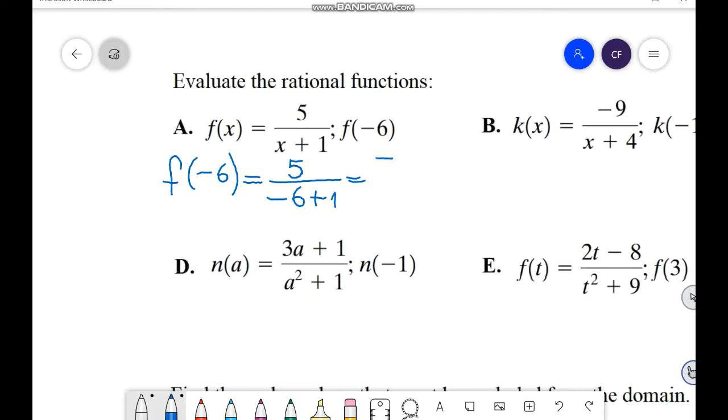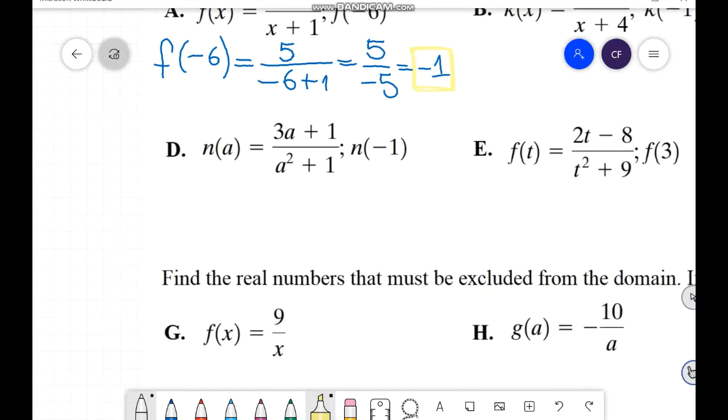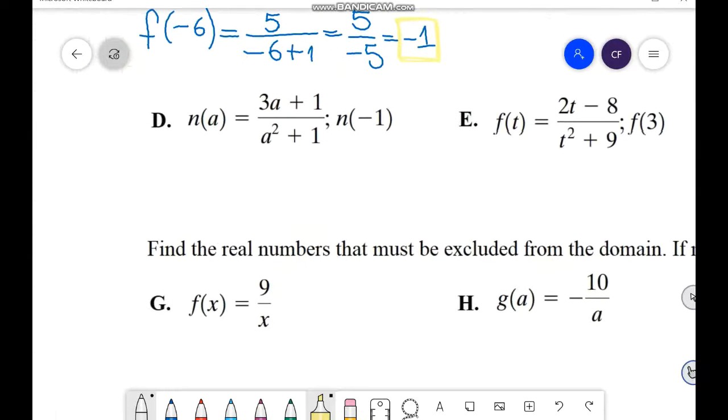Then you have 5 over -5. And this is equal to -1. This is the right answer. Okay? Do the same thing for each question up to letter F.